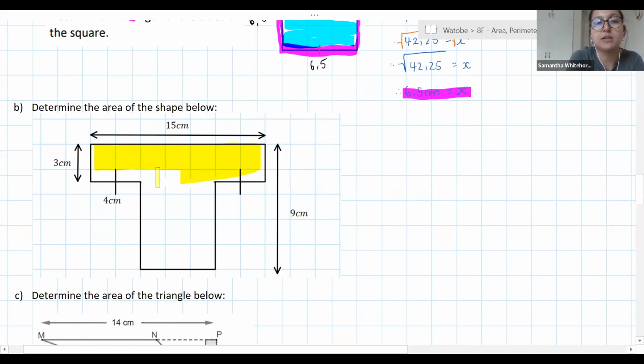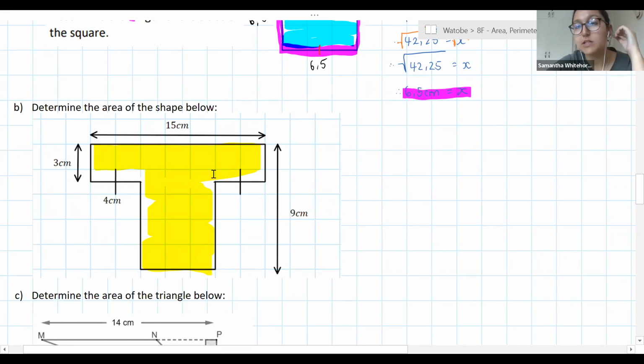And so what I'm asking for is this whole entire area of the shape. Even though this isn't a normal rectangle or a normal square, we can try and break it up into shapes that we know how to work out the areas of. So the first thing I'm going to do is make sure that I have enough information to do that.